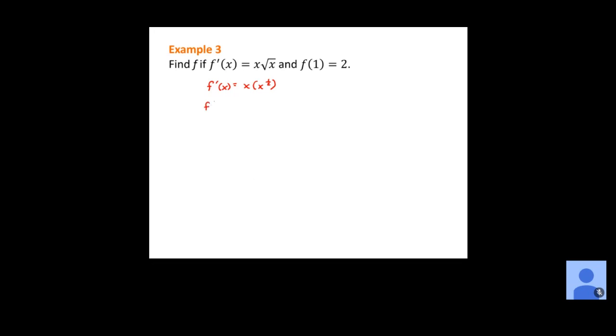Yeah, we're just going to get x to the 3/2 power in this case. So always simplify your derivative as much as you can first before you try to find your antiderivative. Well, now we can find the antiderivative. So what's that going to look like this time?